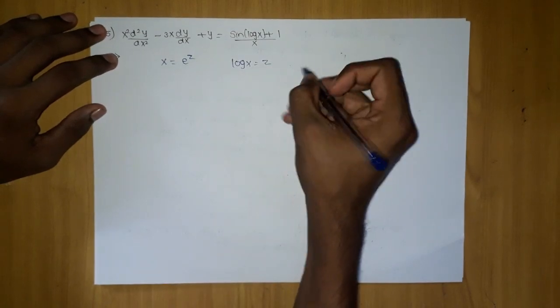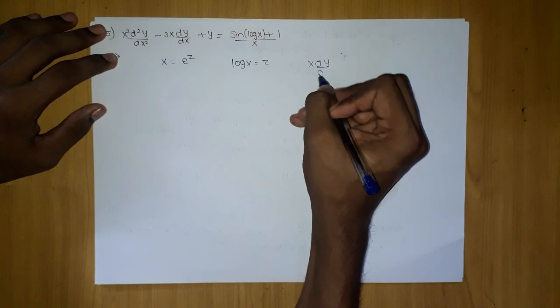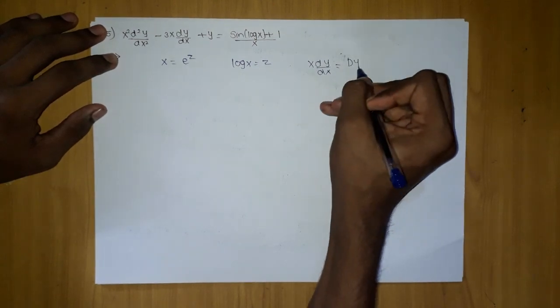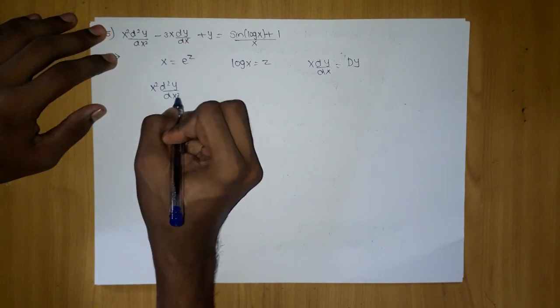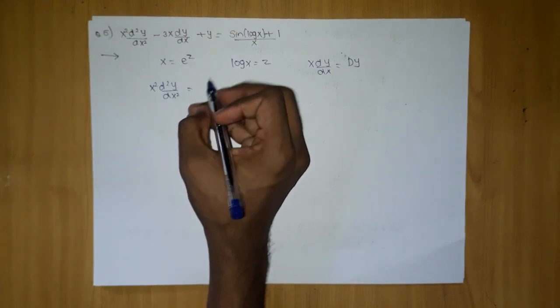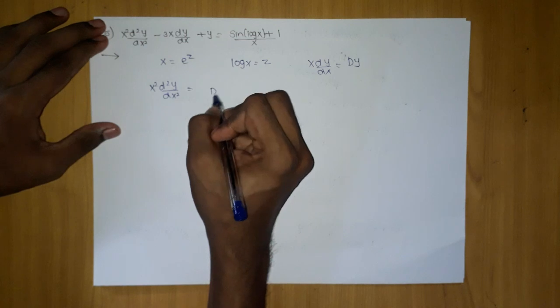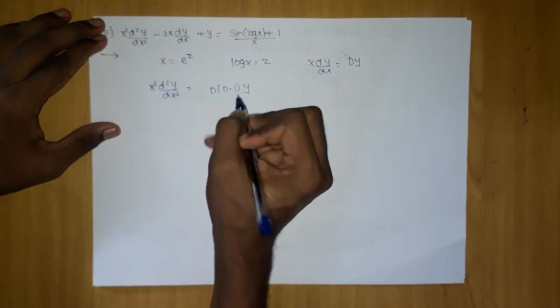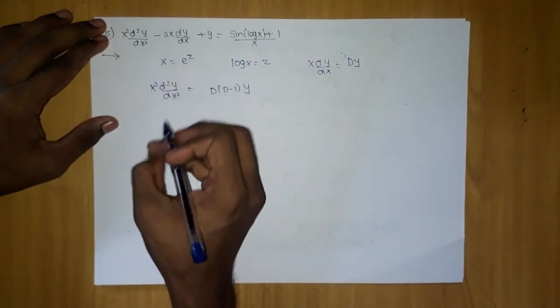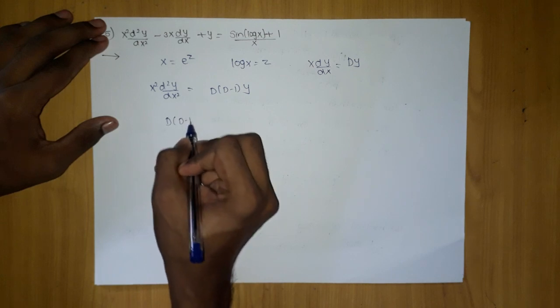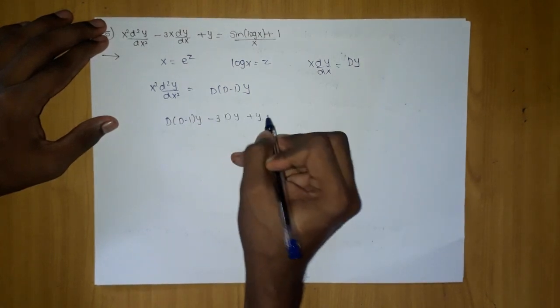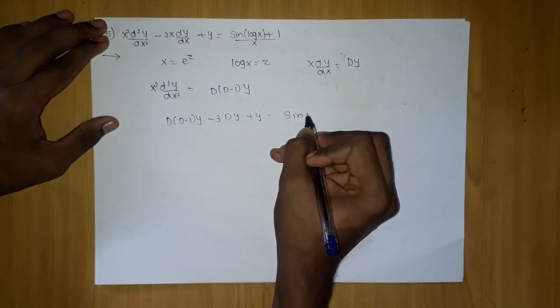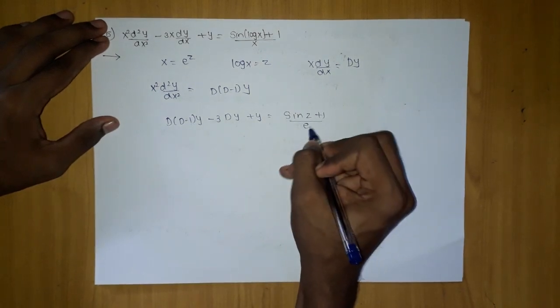If you substitute, you will get x dy by dx as nothing but Dy, and similarly you can prove d square y by dx square to be equal to D into D minus 1 into y. Just resubstitute the things here. So D into D minus 1 into y minus 3 into D into y plus y equals sine z plus 1 upon e to the power z.